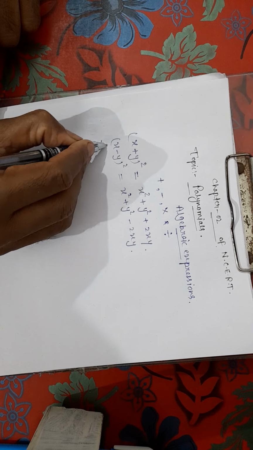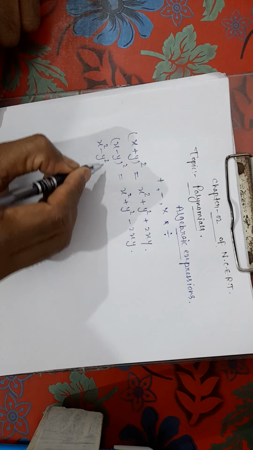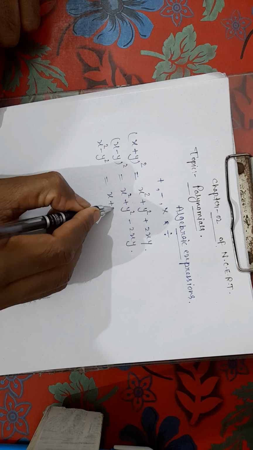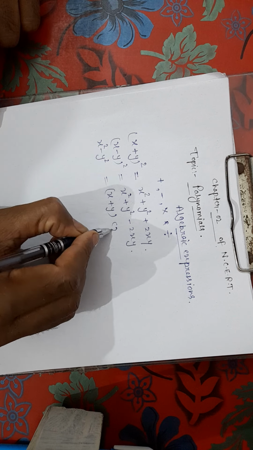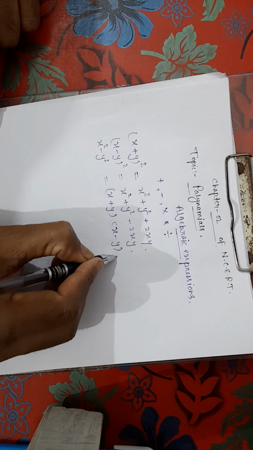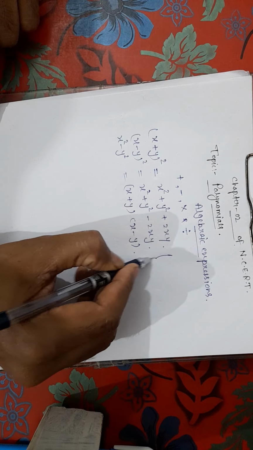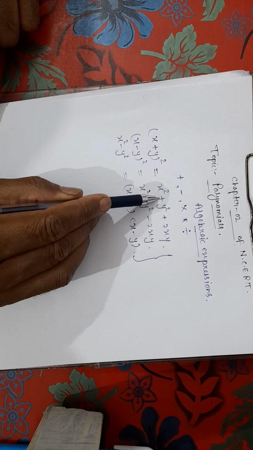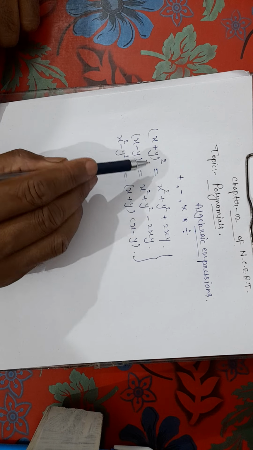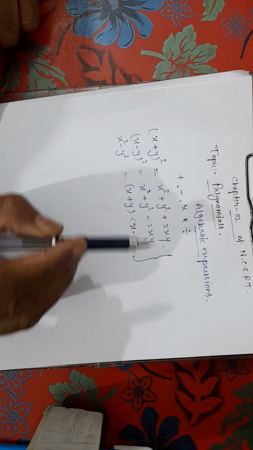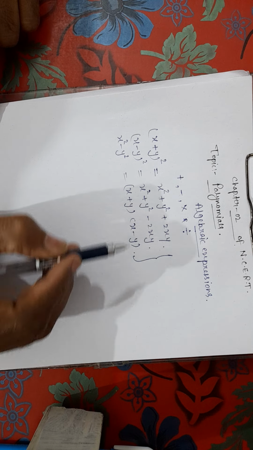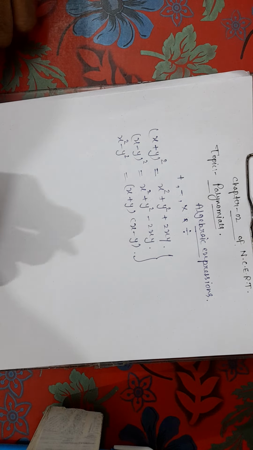And the last one is x square minus y square equals (x + y)(x - y). So in all three expressions, the operations of addition, subtraction and multiplication will happen.